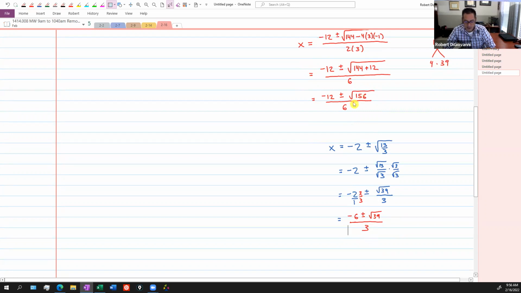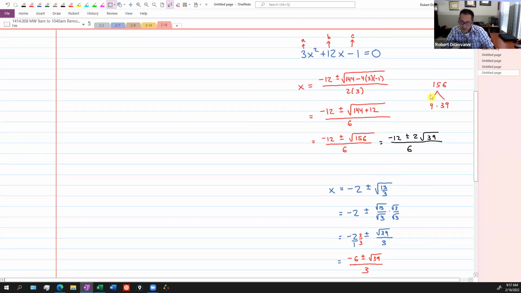And that's this answer. Okay, let me just do something up here. All I'm going to do is rewrite this as plus or minus 2 root 39, using the fact that 156 breaks down to 4 times 39. So I can take the 4 from underneath the root and pull it out as a 2 in front of the root.